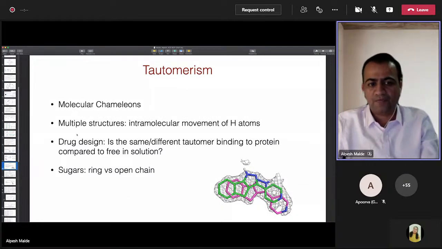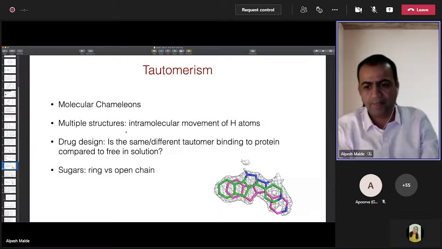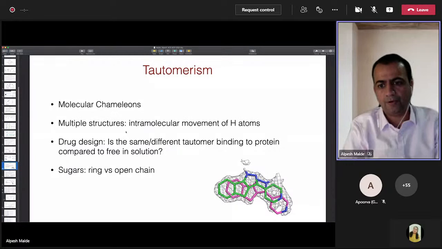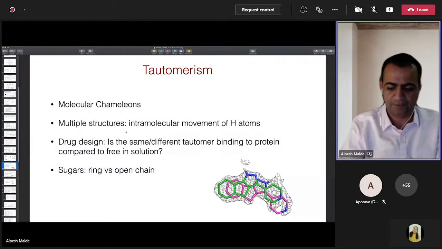Now the big question for drug design is that when the molecule can exist in more than one tautomeric or protomeric form, the basic question remains: is the tautomeric state the same in the free state and the bound state, or different? And again, that would govern whether you are likely to get success in your drug design efforts using that structure.